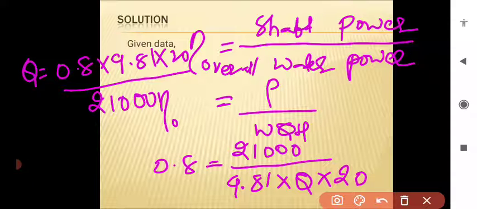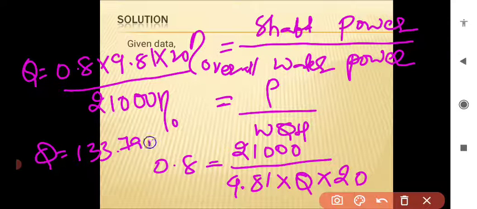Okay, from this you will get the Q value. Q is equal to 133.79 meter cube per second. So this is the Q value.